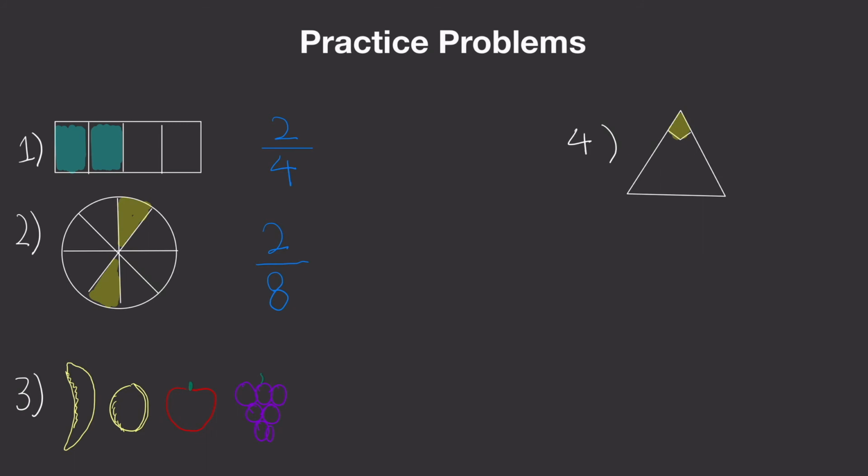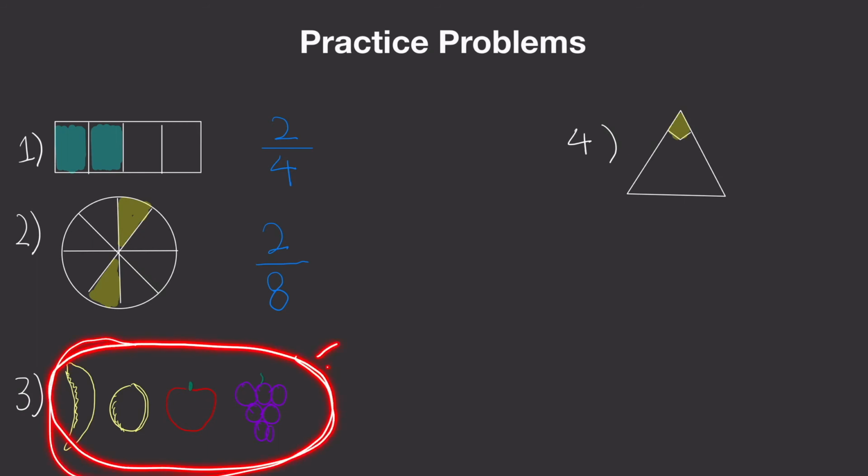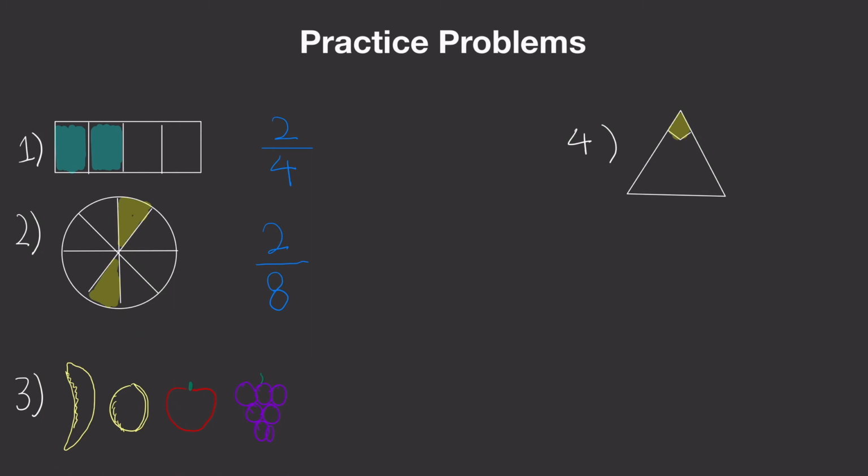For number 3, we're going to deal with a group of fruits, and this one group of fruits will equal one whole group. And this one whole group of fruits is made of 1, 2, 3, and 4 fruits.